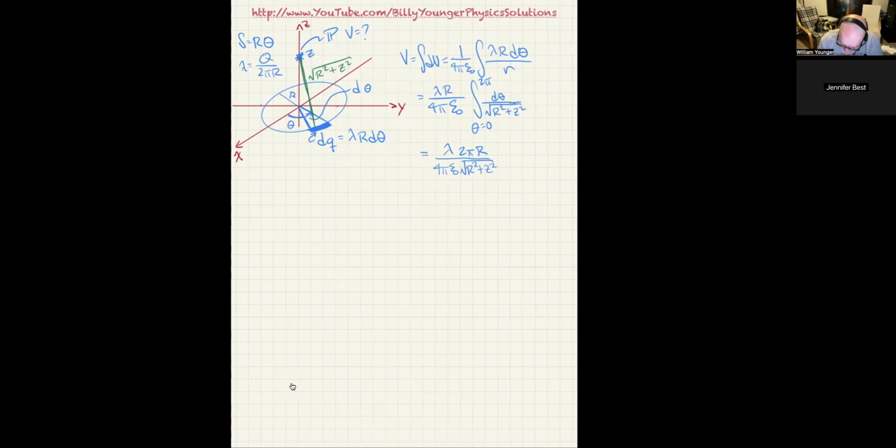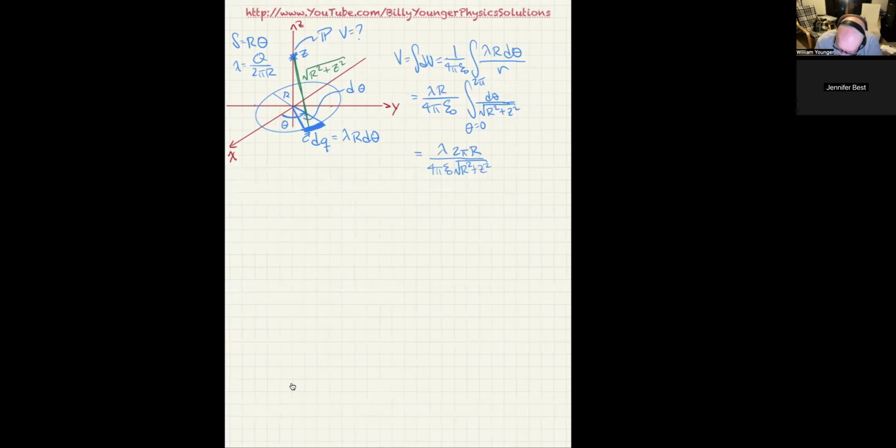Now, the reason why I left the 2 pi up there instead of canceling it out with the 4 pi is because that 2 pi r looks familiar. Hopefully, it looks familiar to you guys. Specifically, one way you could say it is that it is q over lambda. So if you multiply q over lambda times lambda, you just get q.